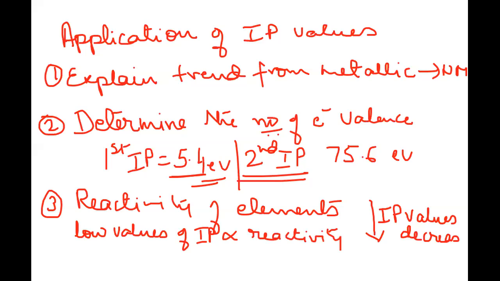Now, does it mean that high values of IP mean that they are non-reactive? According to this, high IP values would mean that they are non-reactive. But this is not applicable to the non-metals.